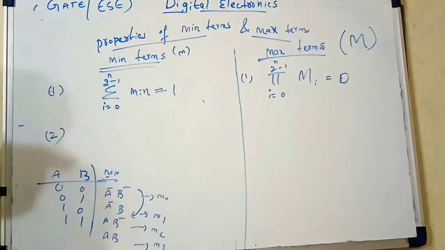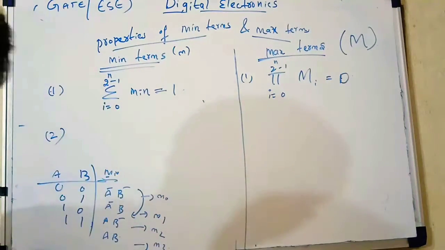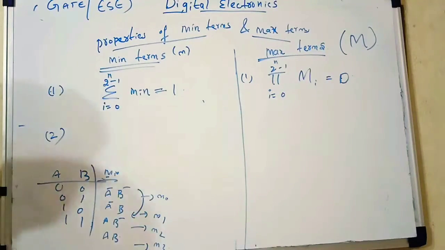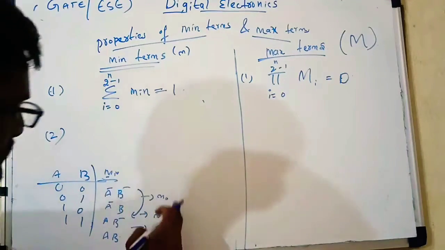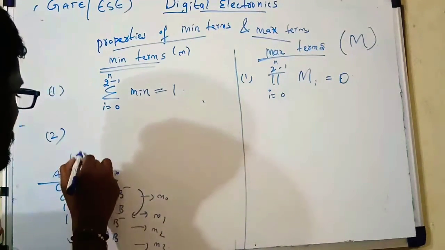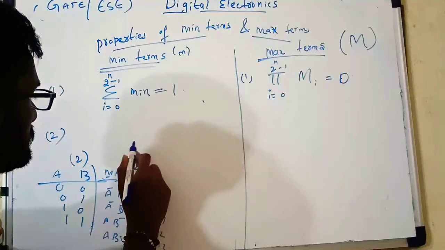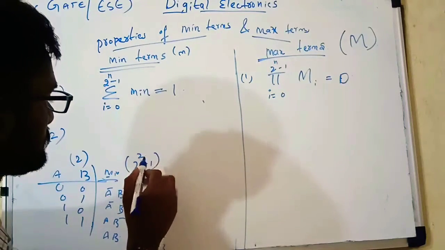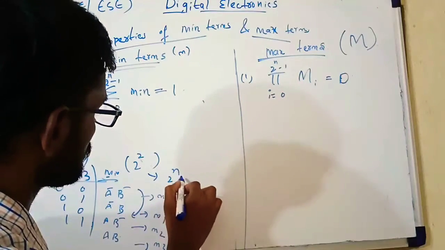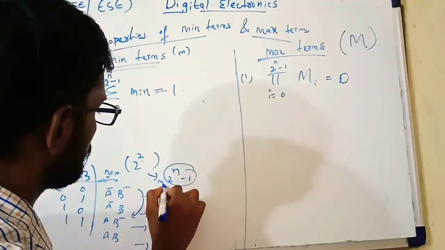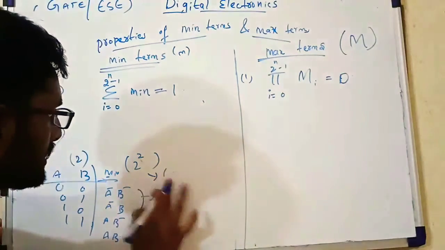Total 2 power n minus 1 of total 2 power n min terms, which for 2 bit I am getting the 2 square min terms. Our maximum min term is 2 power n minus 1 of m, which is nothing but m3.